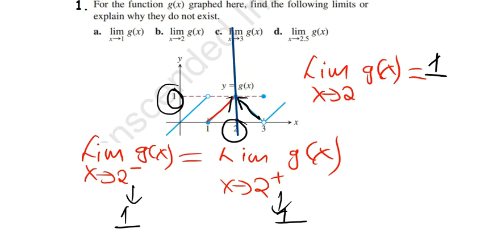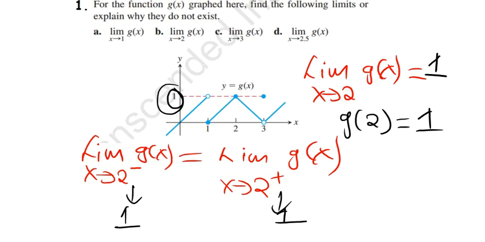So if you look at g of x now, since we found the limit, let's ask ourselves what's the value of the function about that point. This is 2, so it is shaded at that point, so we are sure the function is at 2, 1. Therefore g of 2 is equal to 1. You can see now that the limit and the function are the same about that point.